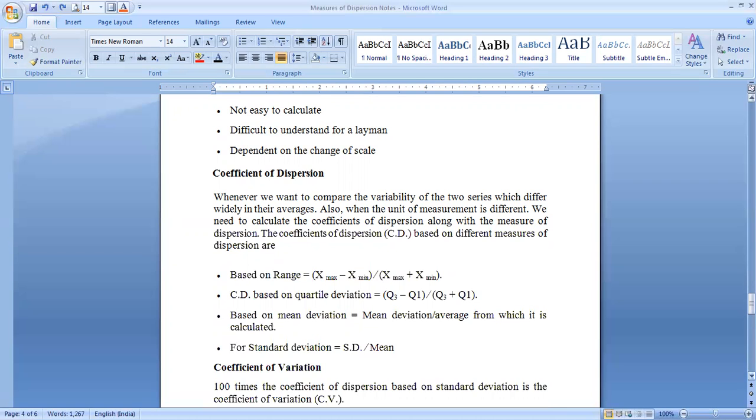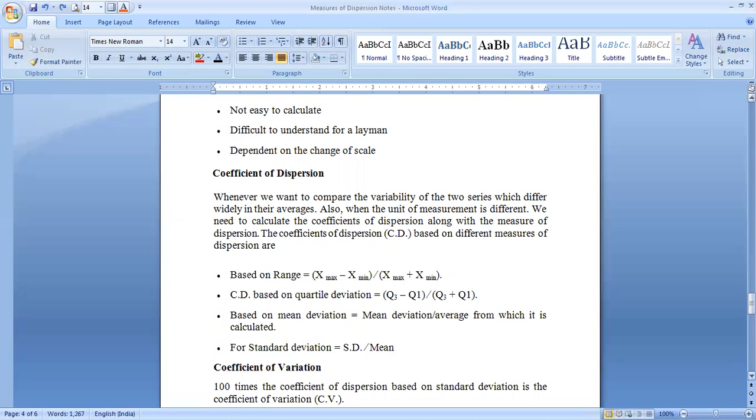The coefficient of dispersion based on different measures of dispersion are: first, based on the range, it is given by x maximum minus x minimum upon x maximum plus x minimum. That is the largest value minus the lowest value upon the largest value plus the lowest value.